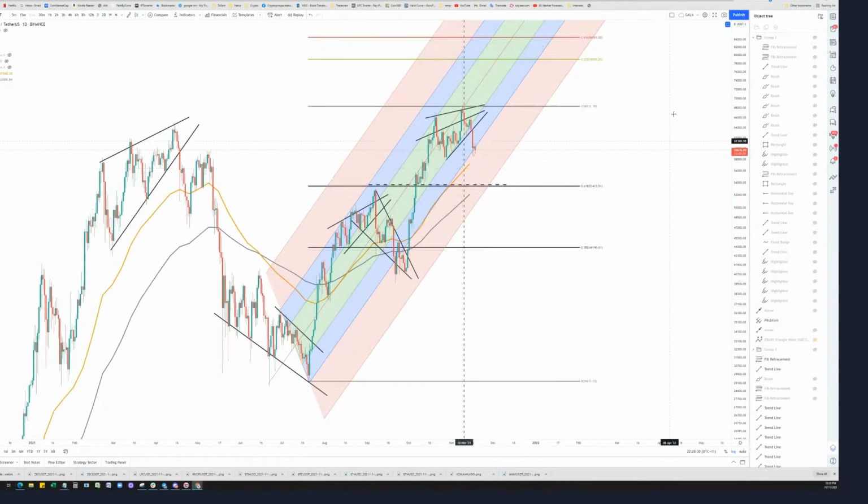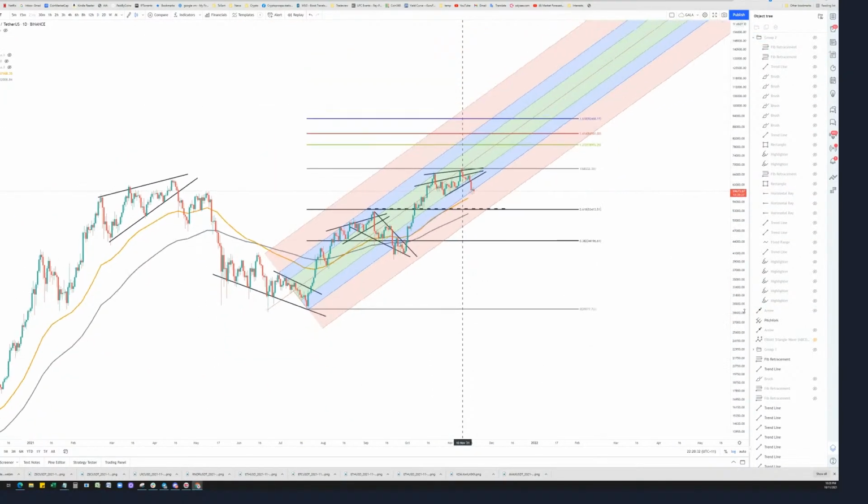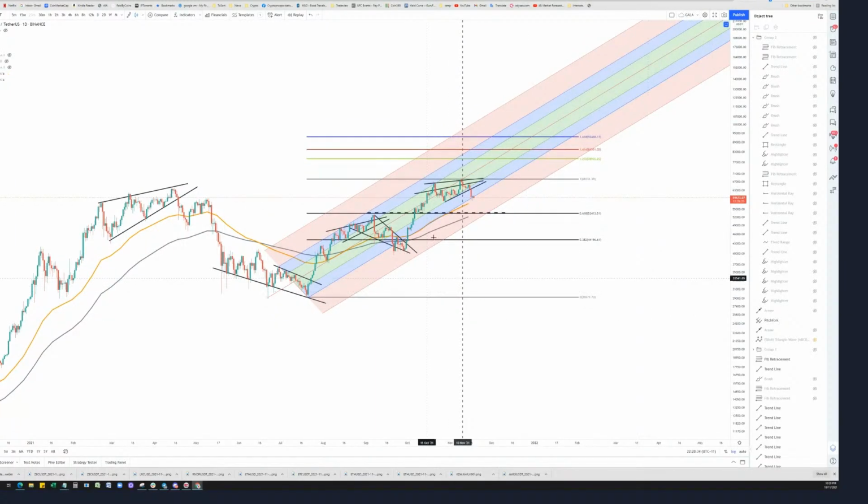So if you look at this big structure, you can say that's a channel. And the way the pitchfork represents, I won't go into the pitchfork, but anything that goes outside into the red zone is overextended.